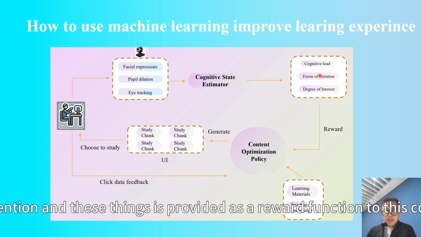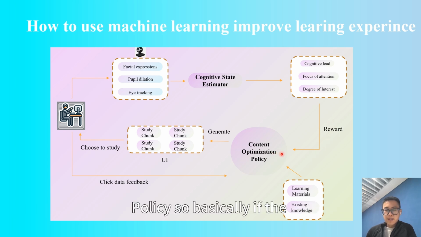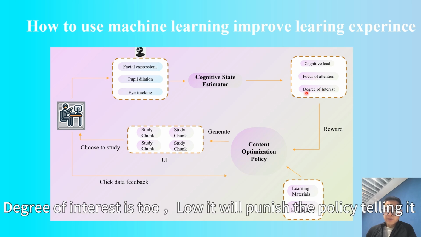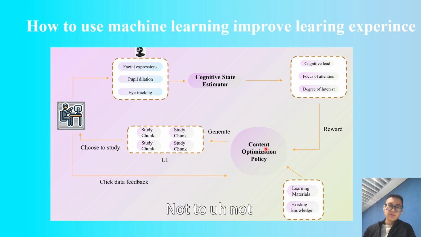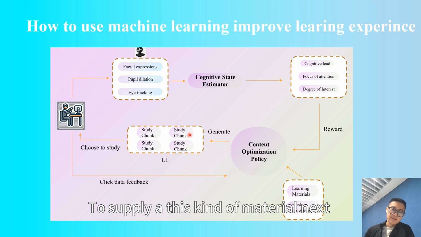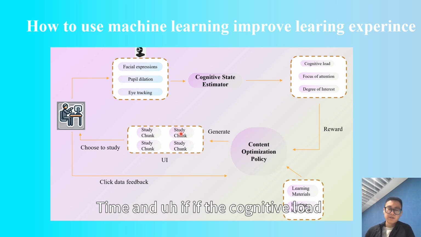These things are provided as a reward function to the content optimization policy. So basically, if the degree of interest is too low, it will punish the policy, telling it not to supply this kind of material next time.